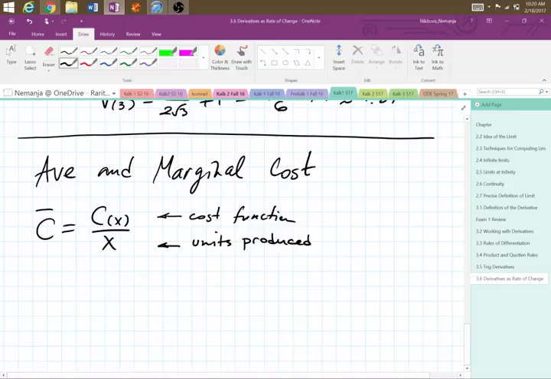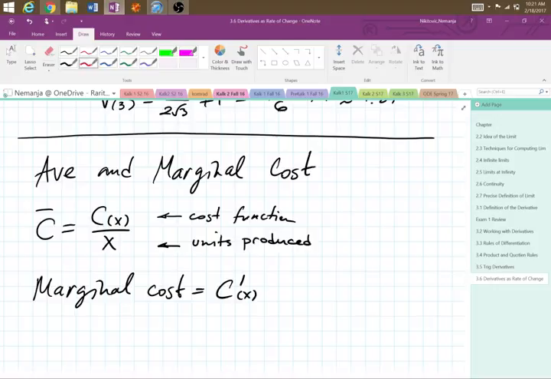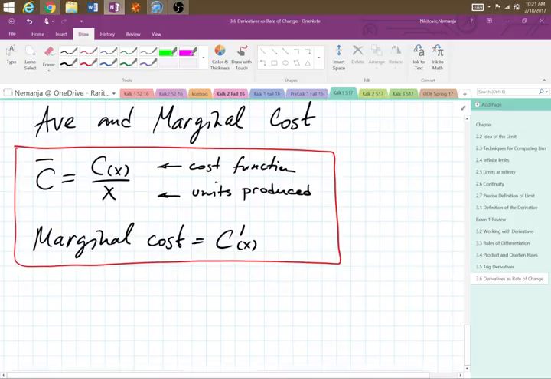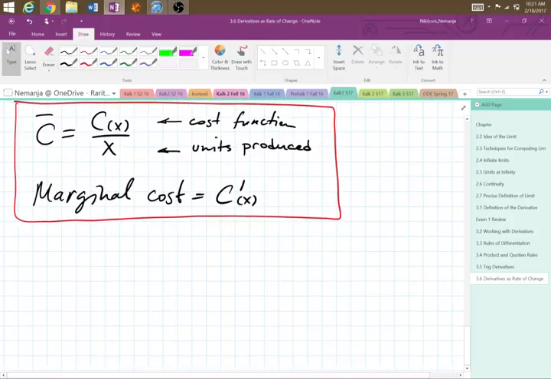So the price of each individual unit obviously goes down. Marginal cost is the derivative of the cost function. So this is what you guys are learning, okay? Those are the formulas. And now we're going to discuss the problem.